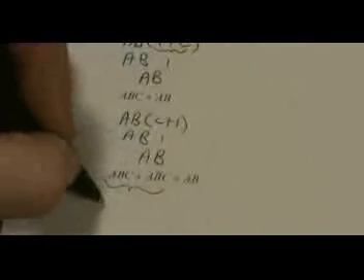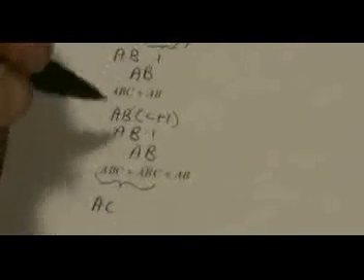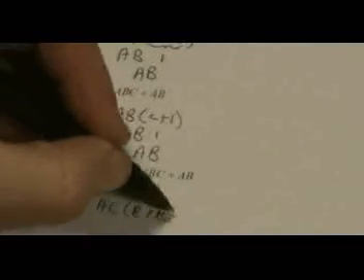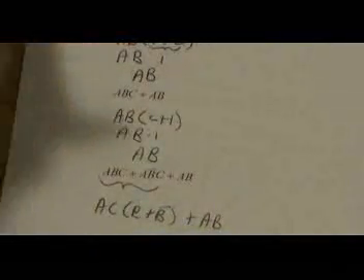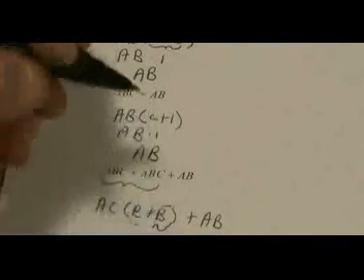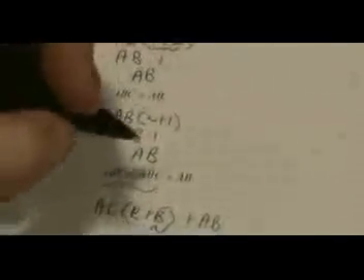In this case, I'm going to take out AC. When I take out AC, I'm going to be left with B plus not B. And of course, the AB is still attached. Now in Boolean, B plus not B is always 1.